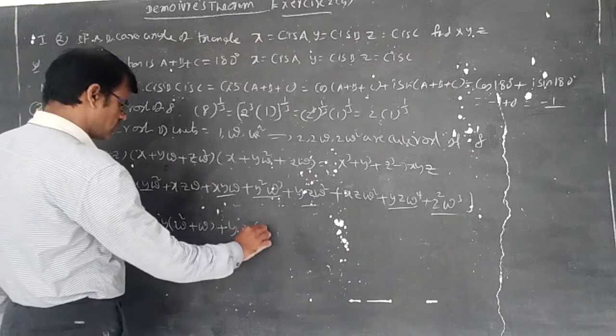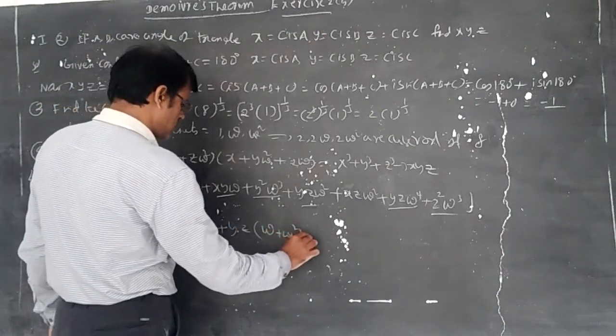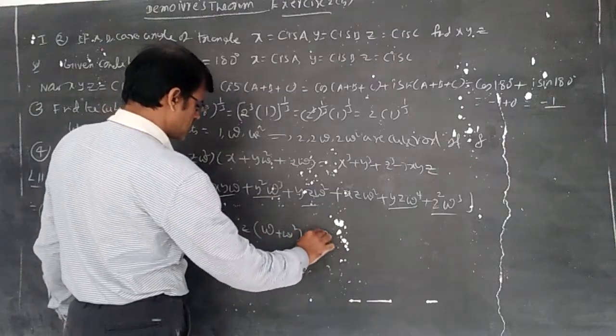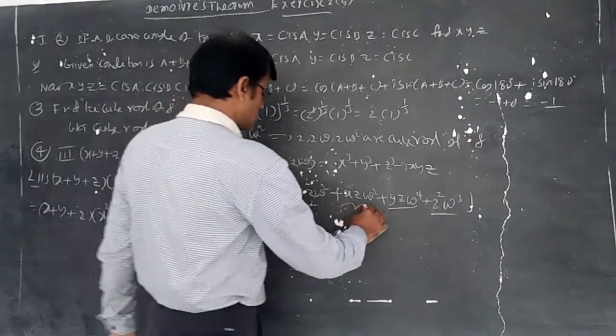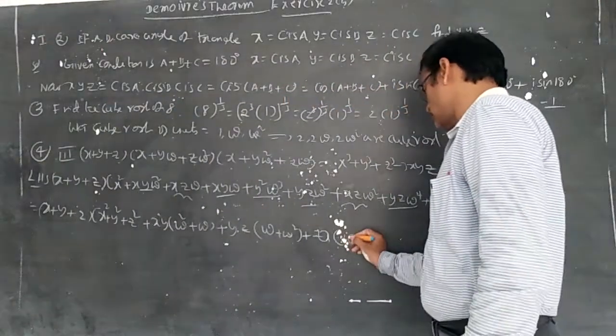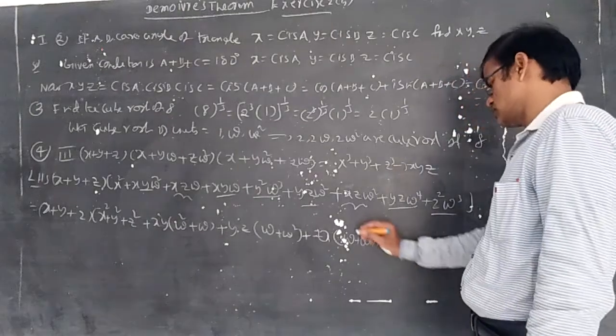So taking yz common, within the brackets you can write omega plus omega square. Next, zx: xz omega and xz omega square. Taking xz common, within the brackets you can write omega plus omega square. That's enough.